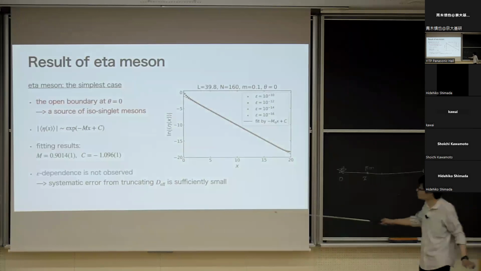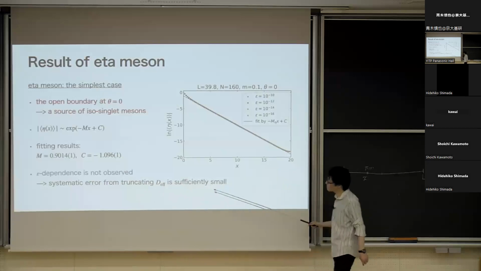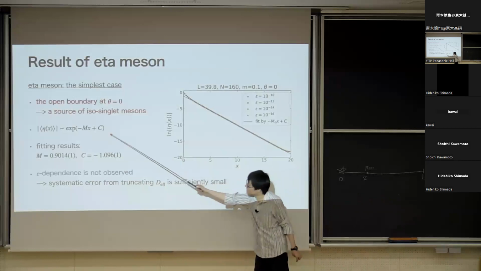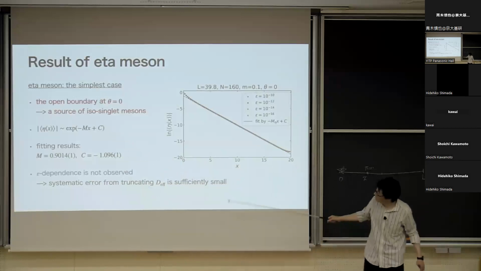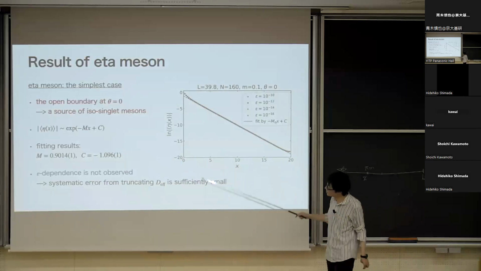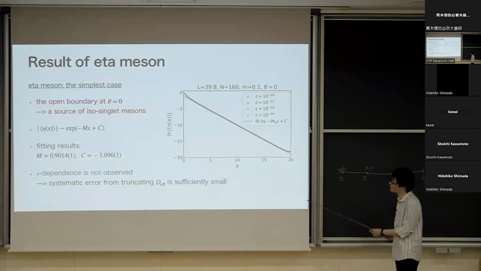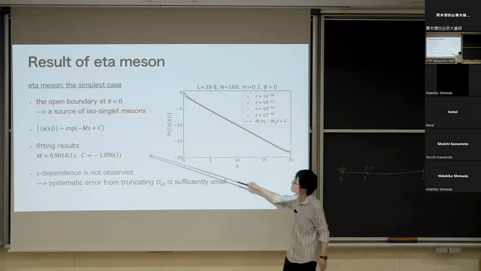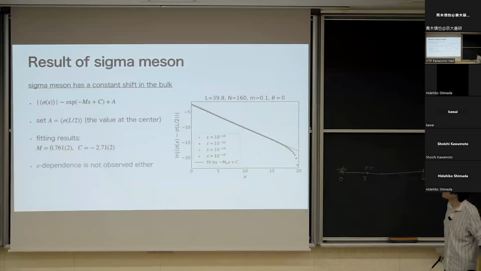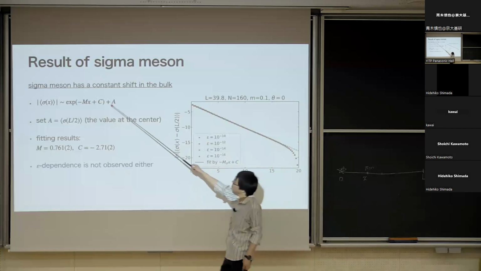And actually, this epsilon independence comes from the fact that the MPS is very good at representing exponential behavior. Well, I should say that MPS is not good at expressing the logarithmic correction of the correlation function, but it's good at representing exponential behavior. This is the eta method, and we can also compute the sigma method case.